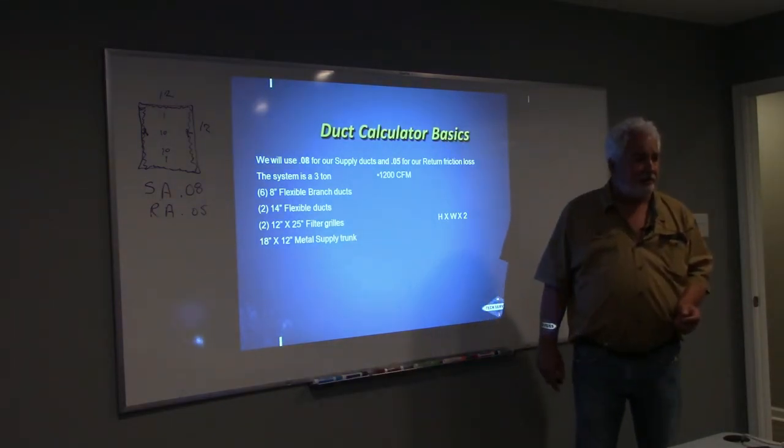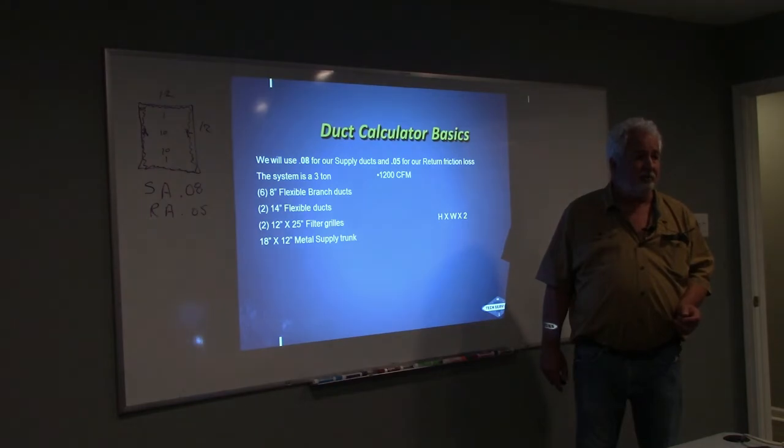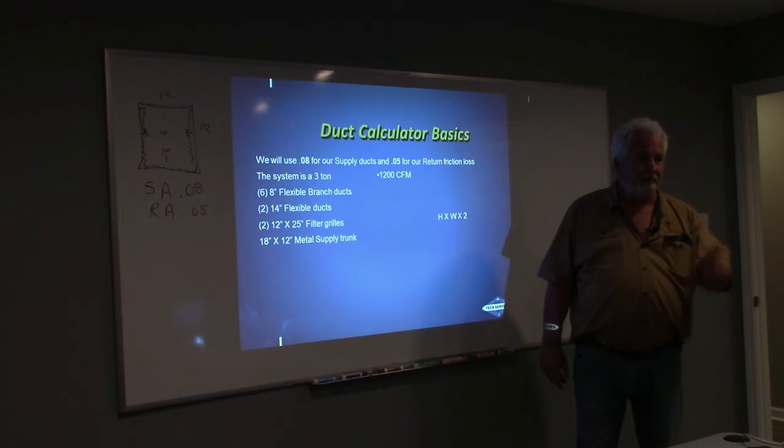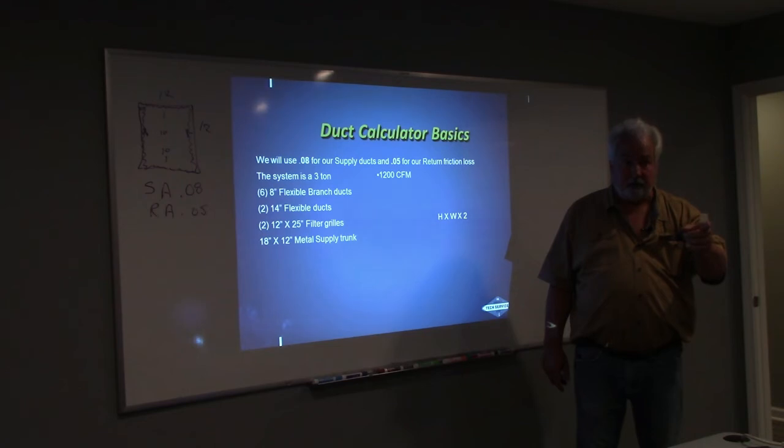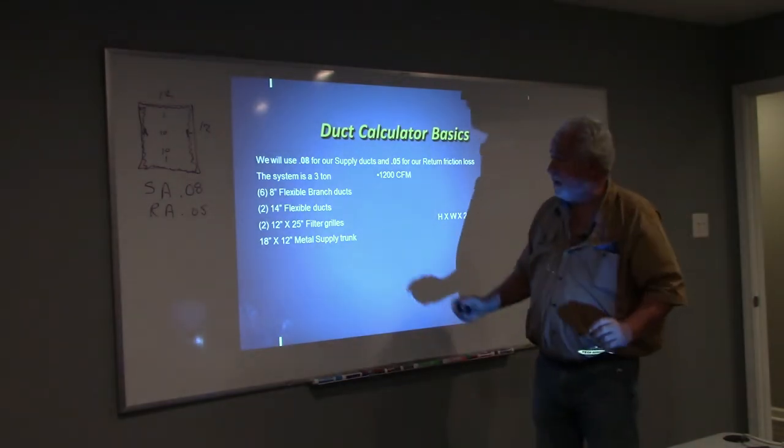And how much air do you see you're going to move through there? 150. Do you see the flexible duct? Yep. 0.08. 150 CFM. Okay, so you got it. Are you good? You got it. Okay. All right.